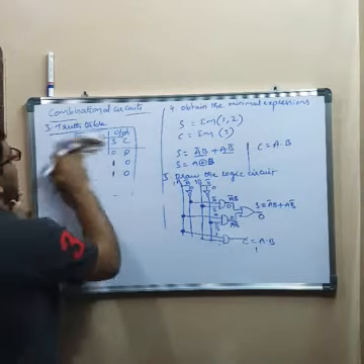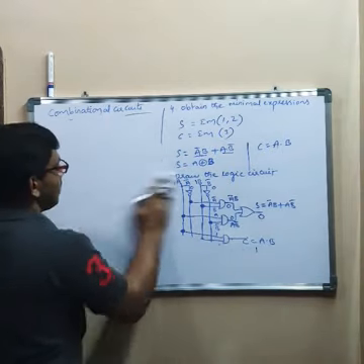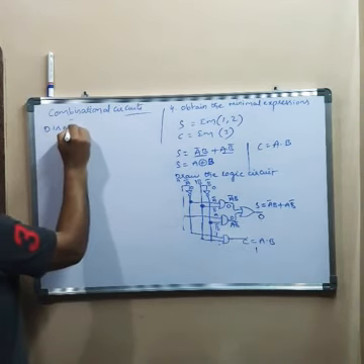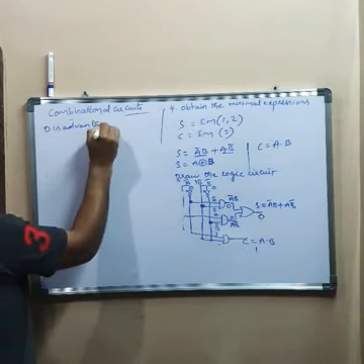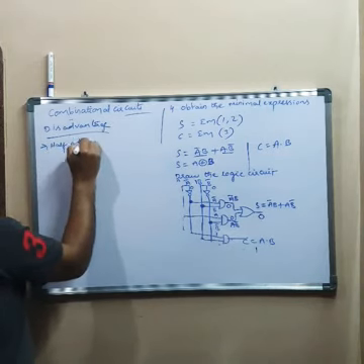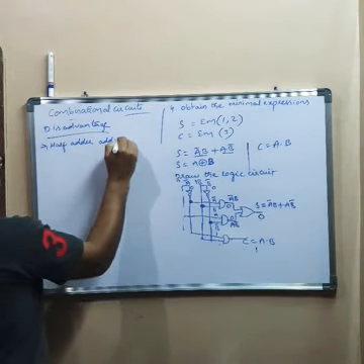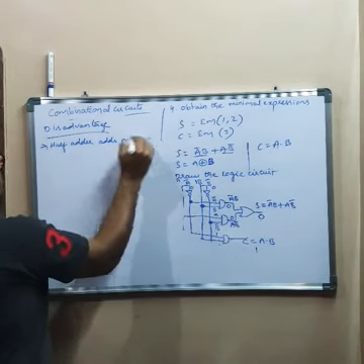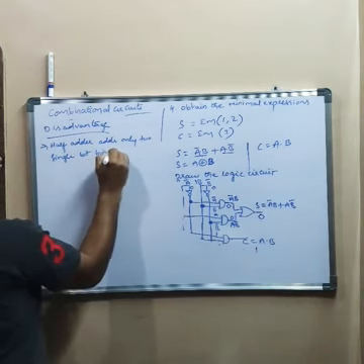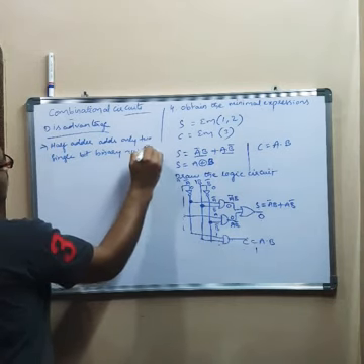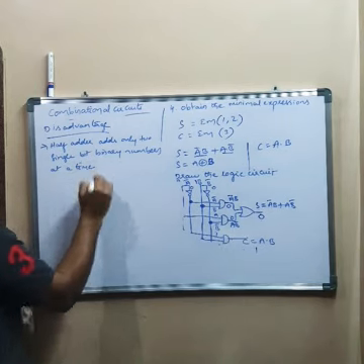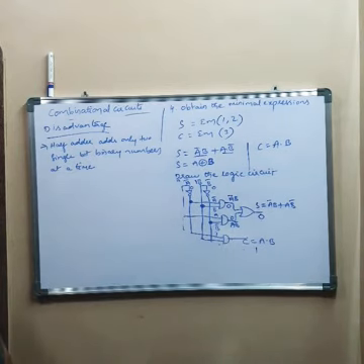Disadvantage. Half adder adds only two single bit binary numbers at a time, right?